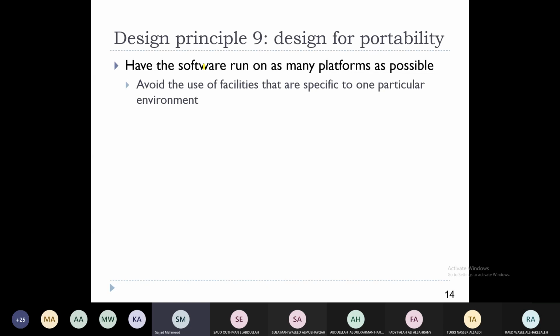So now, of course, when we say avoid use of facilities that are specific to one particular environment, we have to take this with a pinch of salt. As a designer, you have to think about what's the most appropriate way of developing such an application.